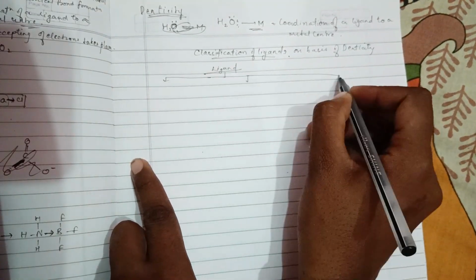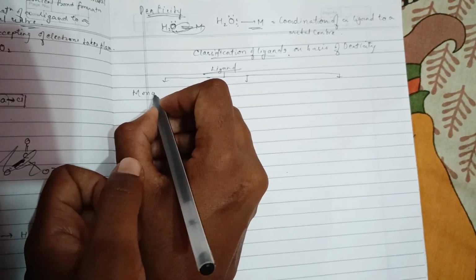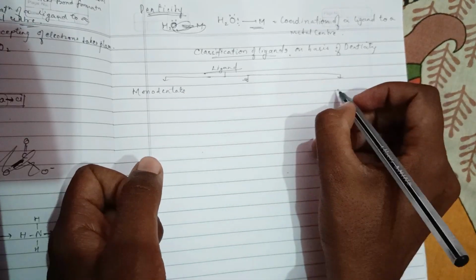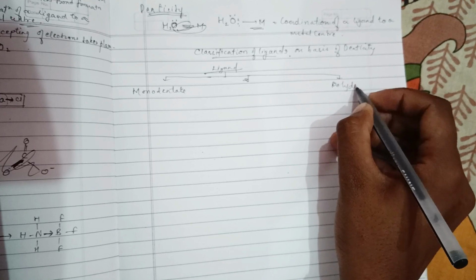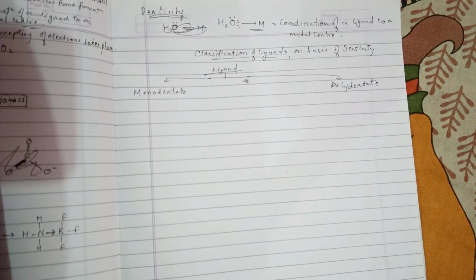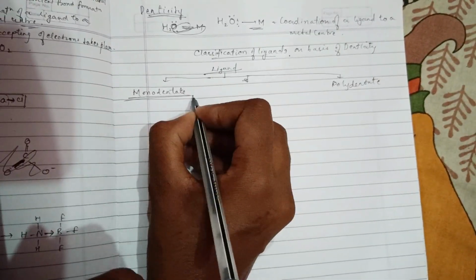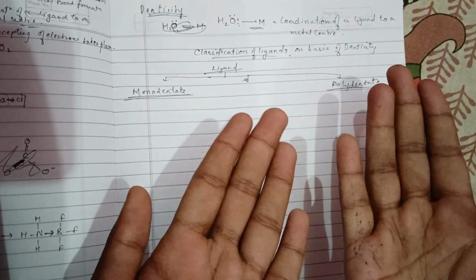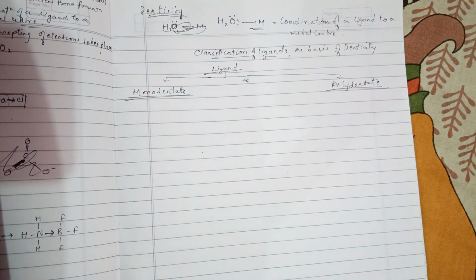It is divided into two categories: monodentate and polydentate ligands. Monodentate ligands have a denticity of only one, and polydentate ligands have a denticity of two or more.